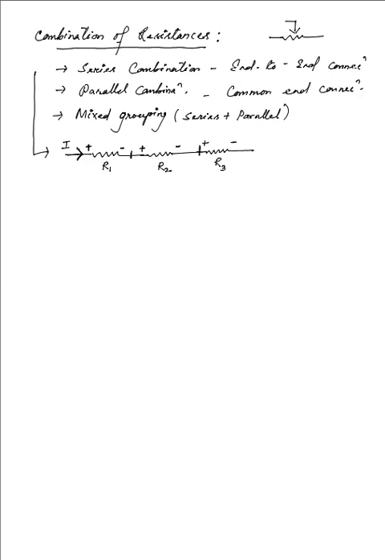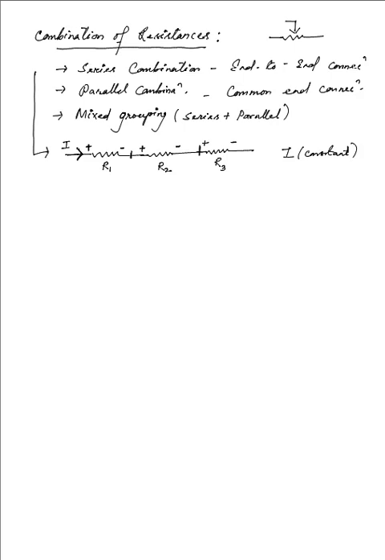Now, as we know from Ohm's law, we have the potential V equal to R times I. So obviously, with I remaining constant, the potential will be different across each resistance.